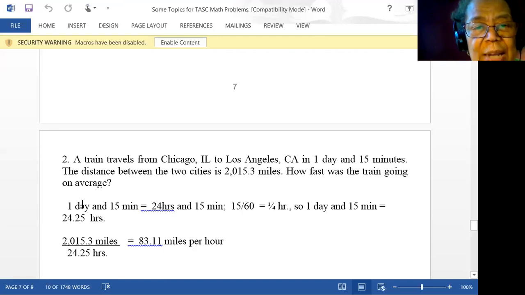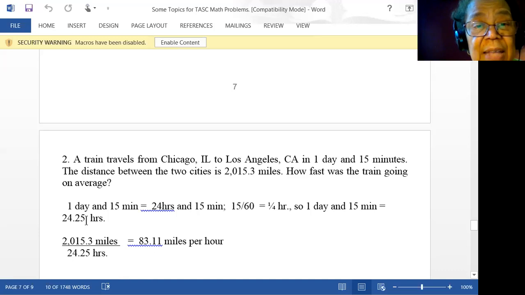So 1 day is 24 hours. 15 minutes is 15 over 60, because 60 minutes is 1 hour. So 15 over 60 is 1/4 hour. So 1 day and 15 minutes equal, converting that 1/4 to a decimal, we get 0.25, 24.25 hours.